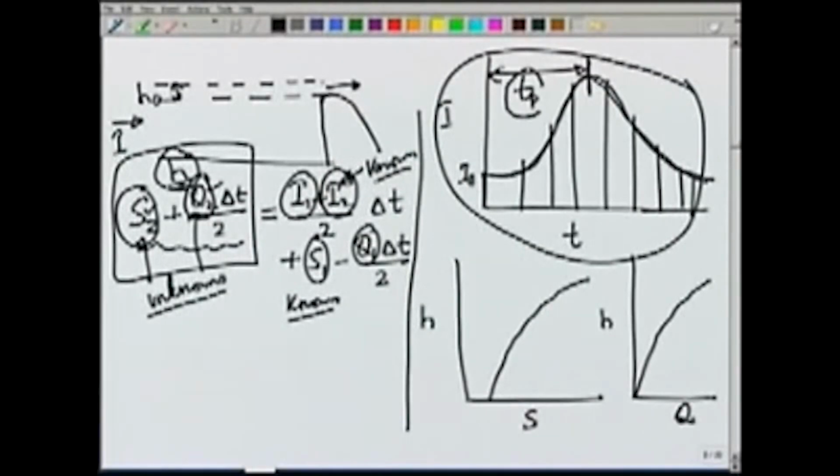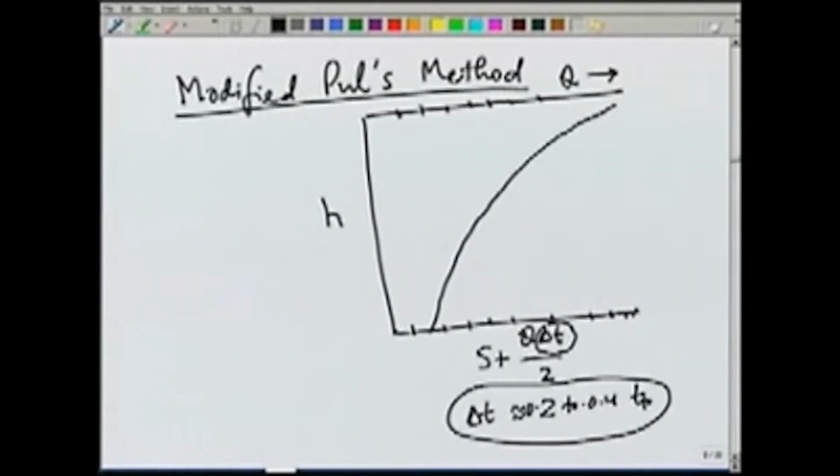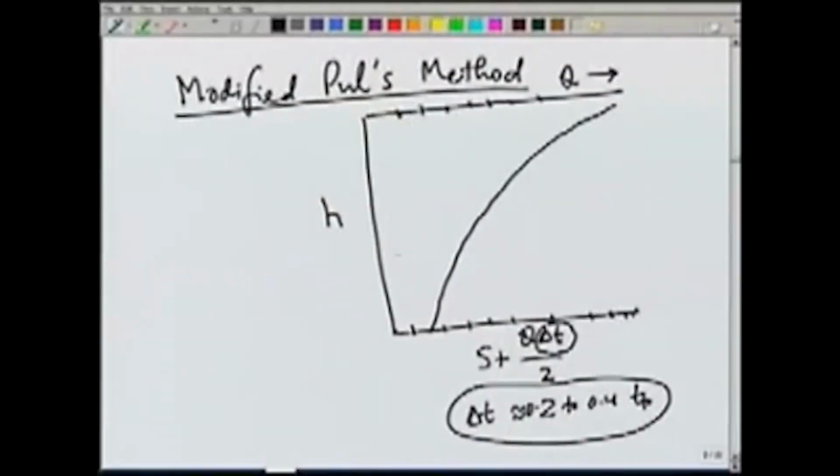So, delta t should be roughly about 0.2 to 0.4 Tp. That is the general criterion for choosing delta t. Once we choose delta t, then since we know both S and Q as functions of H, plotting this curve is straightforward for a given value of delta t.